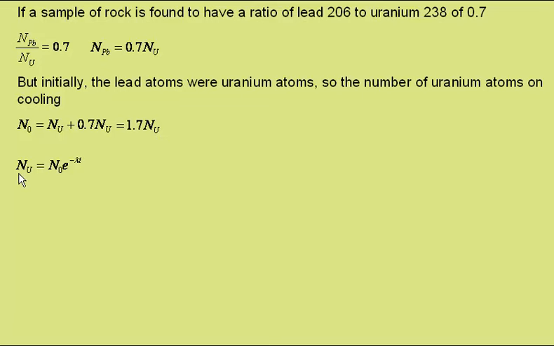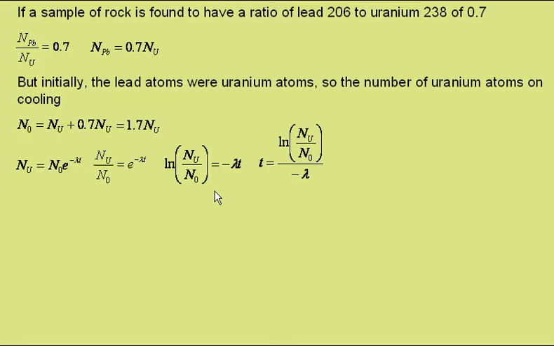But we also know that the number now is equal to the number at the start times e to the minus lambda t. Rearranging to this, and then taking natural logs of both sides removes the exponential function. Now we can rearrange to give t giving this expression, but we also need to know the decay constant.